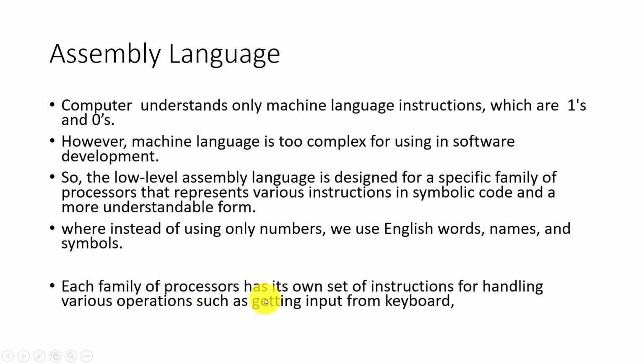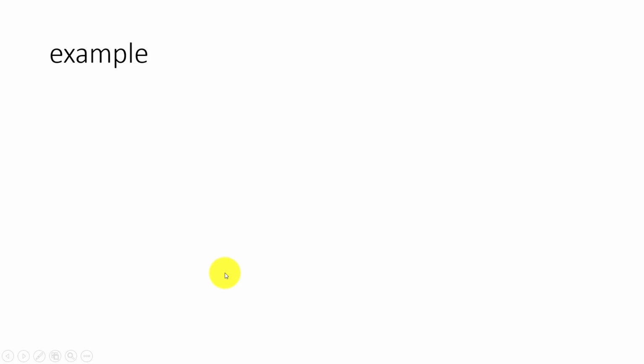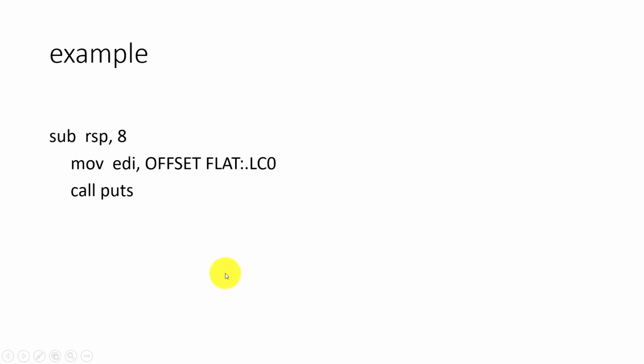Each family of processors has its own instructions for handling various operations, such as getting input from the keyboard. Now this is the example. In this example you can see we use sub, which is used for subtraction.